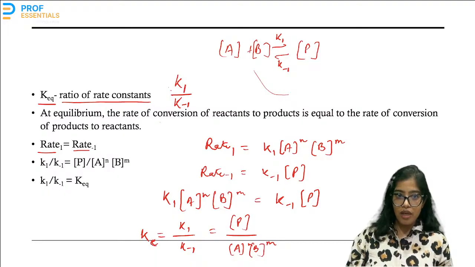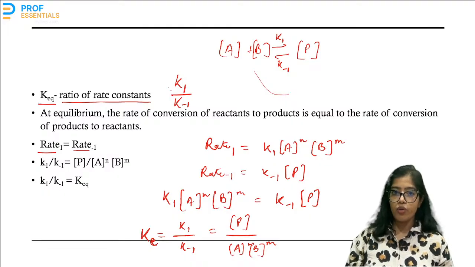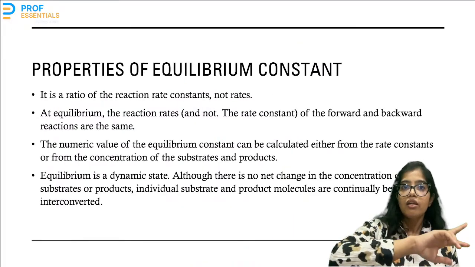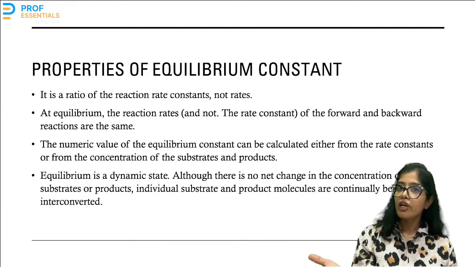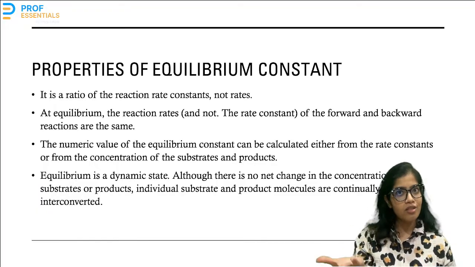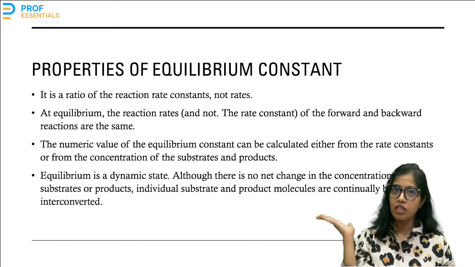The formula for K equilibrium, the ratio of rate constants, is the concentration of products divided by the concentration of the reactants to the power of their stoichiometric coefficient. Understood? This is what the ratio of rate constants is. At equilibrium, the rate of forward reaction is equal to the rate of backward reaction. Okay, the rate of conversion of substrates to products is equal to the rate of conversion of products back to the substrates.